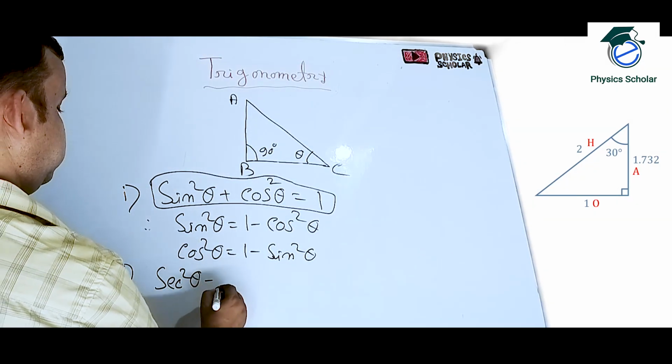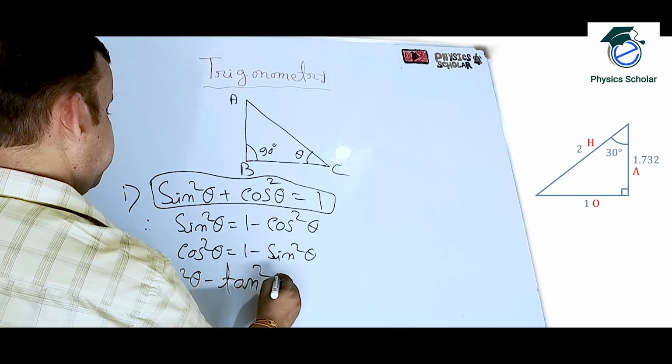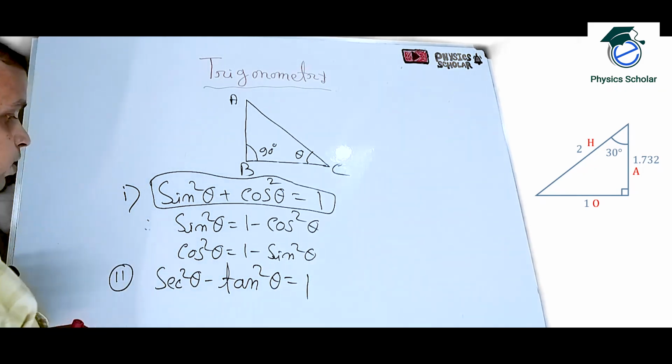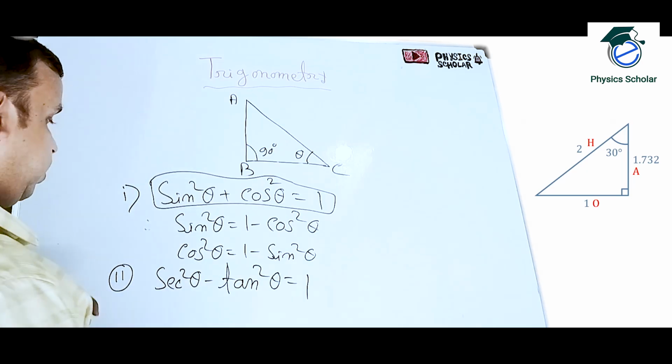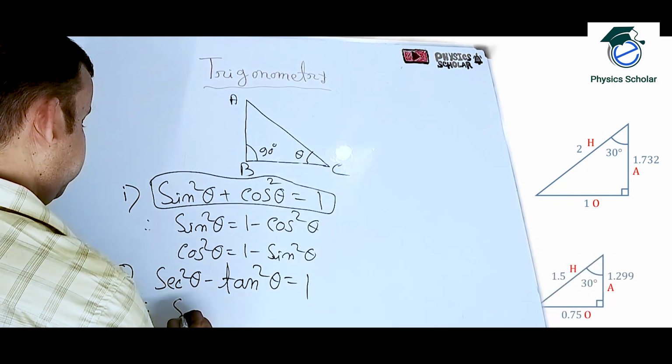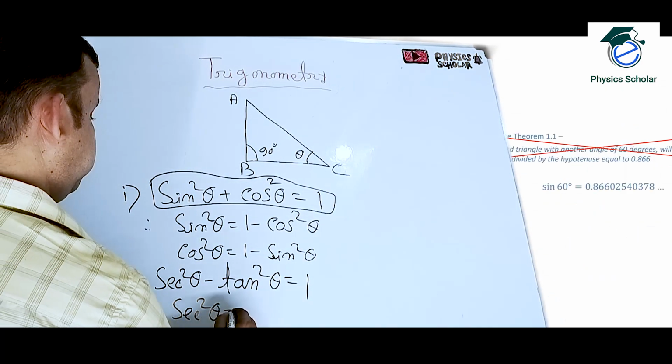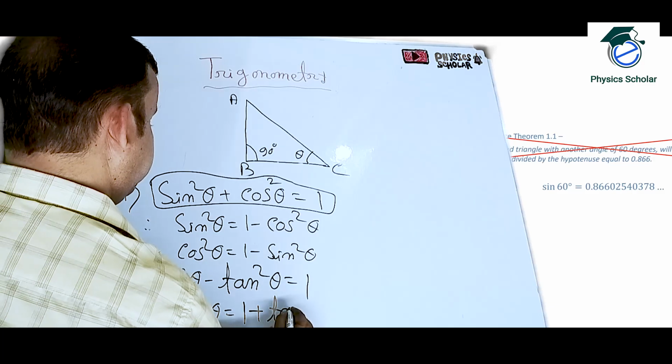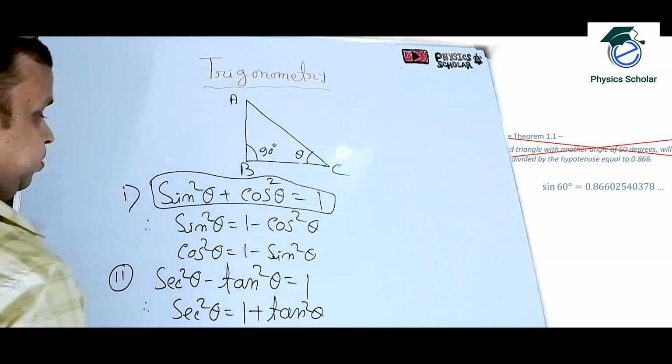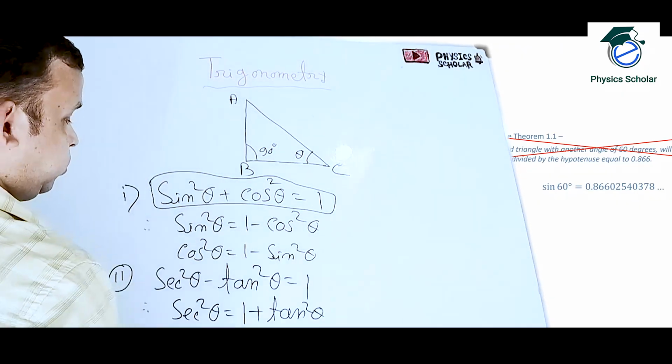Another formula: sec square theta minus tan square theta is equal to 1. If we write sec square theta on one side, it will be 1 plus tan square theta, because the minus becomes plus on the other side.